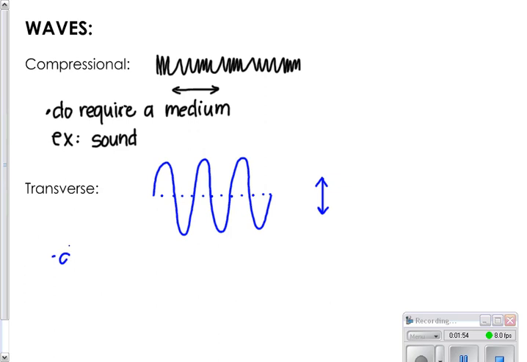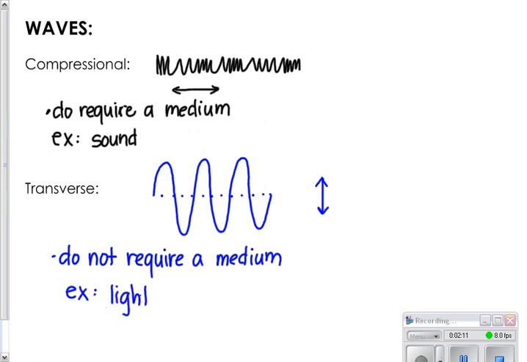Now, these do not require a medium to travel through. Light is a good example of a transverse wave. Light can travel through outer space from the sun to us on Earth without a medium.